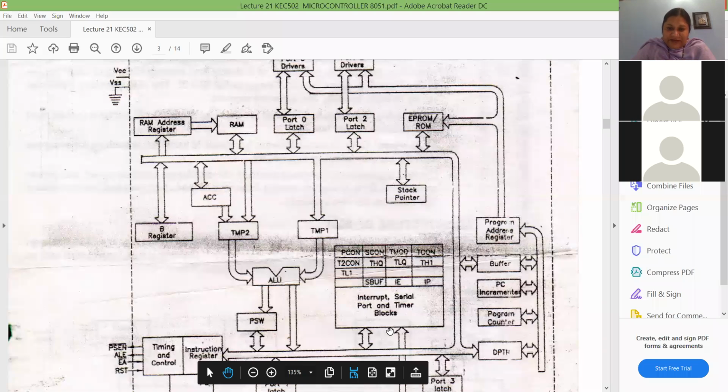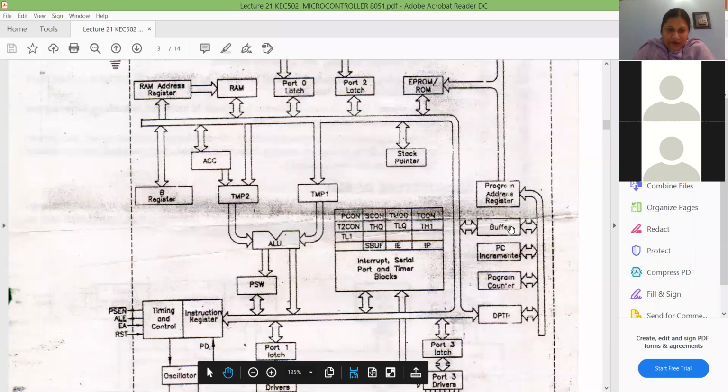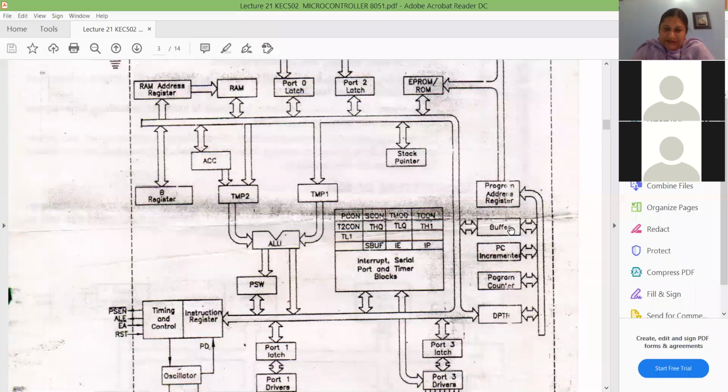The difference is that in 8085 microprocessor, you were having registers as A register, B register, C register, D, E, H, L, etc. But here you do not have this type of registers. You have A register, that is accumulator, and you have B register. Apart from this, you do not have D, E, H, L.